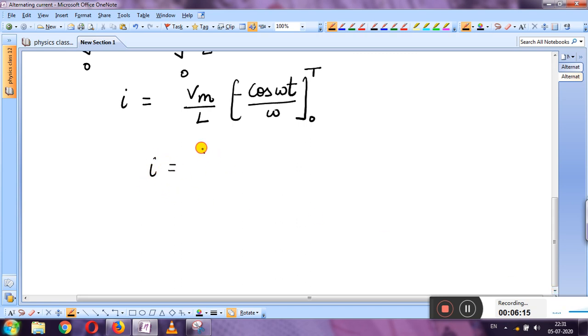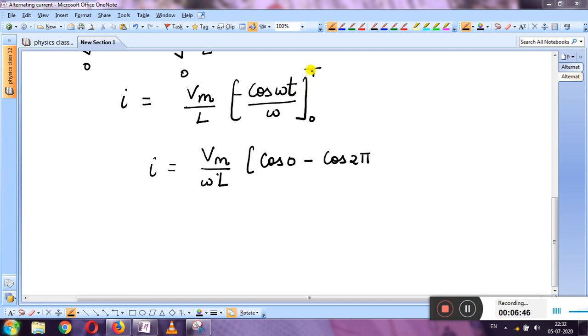If we write omega outside, then you will have Vm upon omega L, and after solving this bracket you will get cos 0 minus cos 2 pi.